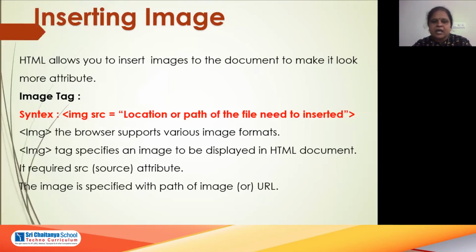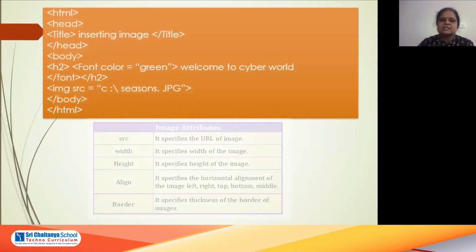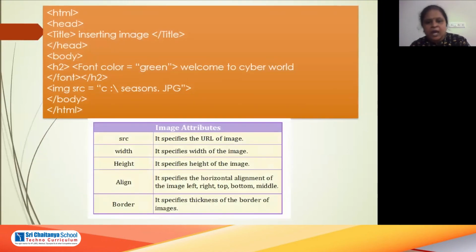Okay, and now see it has some attributes here also. SRC is the URL of the page. Width specifies the width of the image. Height specifies the height of the image. Then align specifies the alignment, whether it should be at the center, top, bottom or middle of the web page.